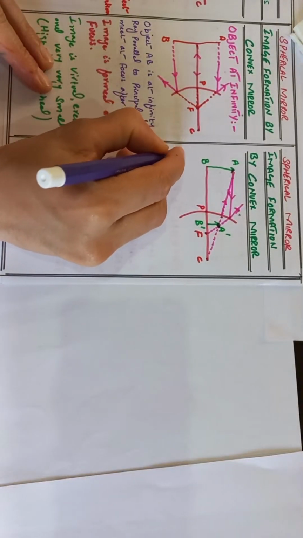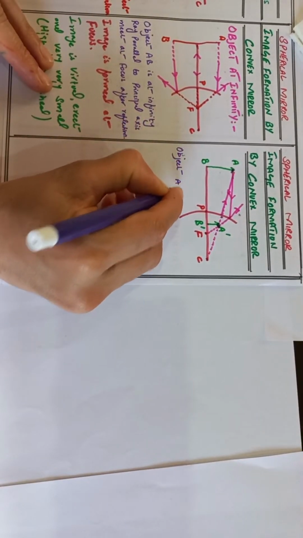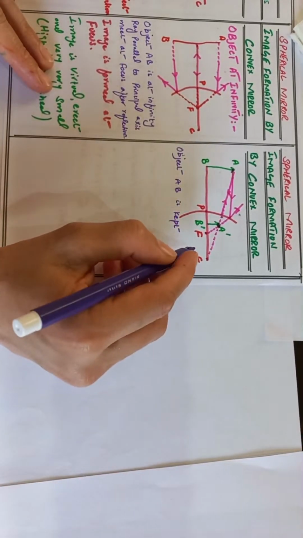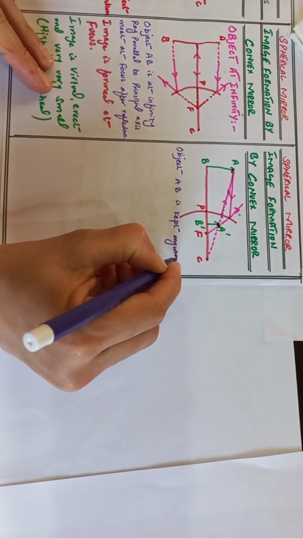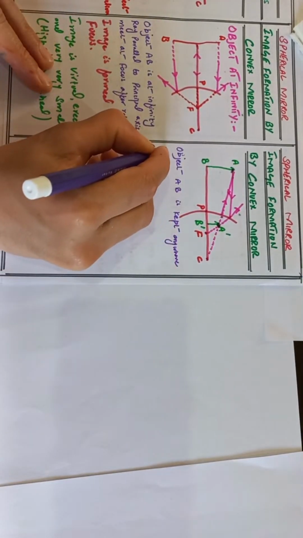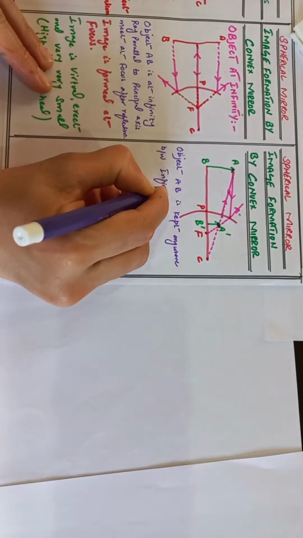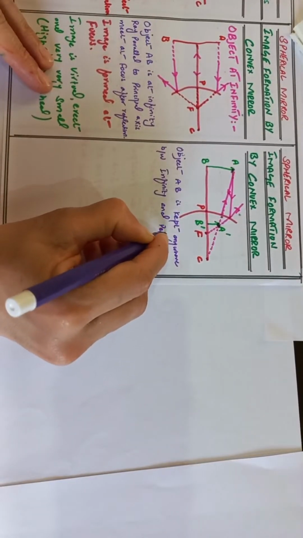So here we write that object AB is kept anywhere between infinity and pole.